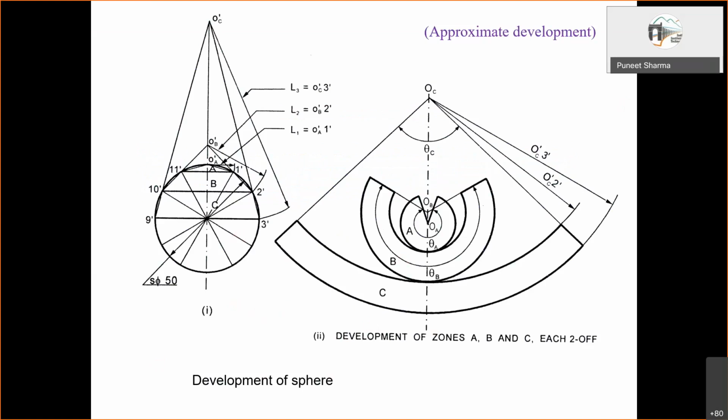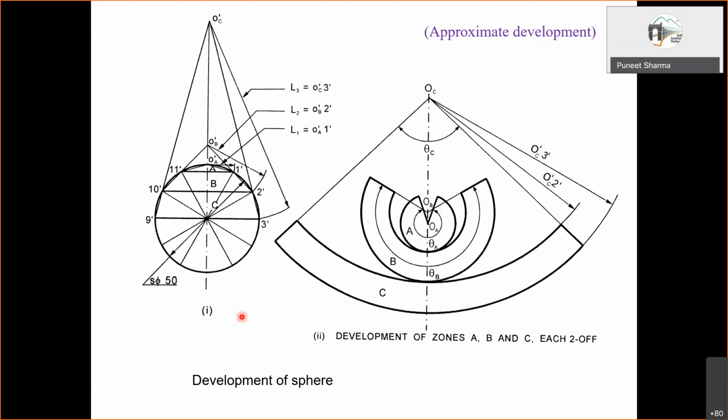Here, what is done is, we are trying to have only one curvature rather than two, and then developing it. As I mentioned, it is an approximate development, it's not exact, but it serves the purpose. That is, if a sphere has to be made, then with all these approximately developed surfaces, we can make so many connections and finally obtain it.